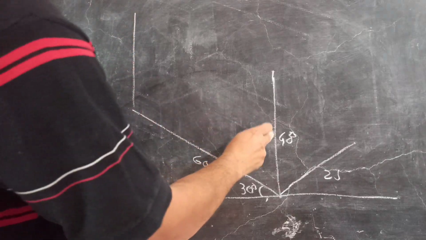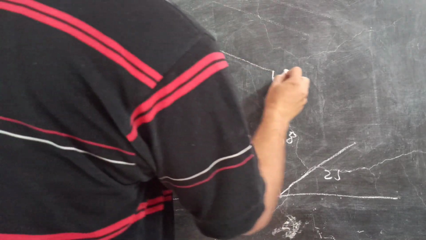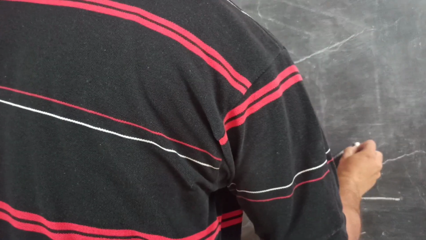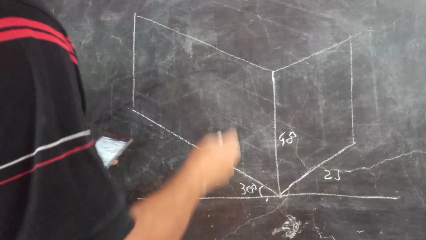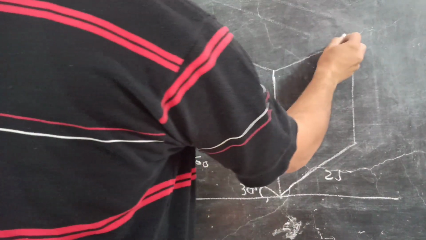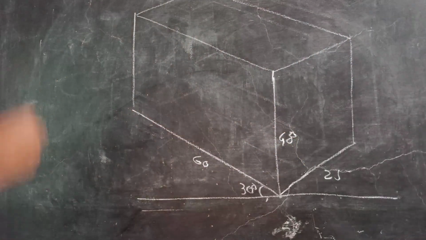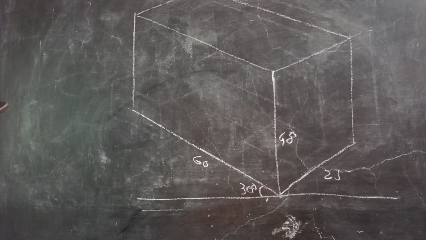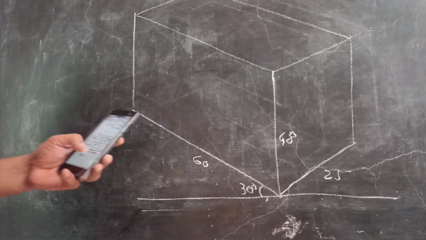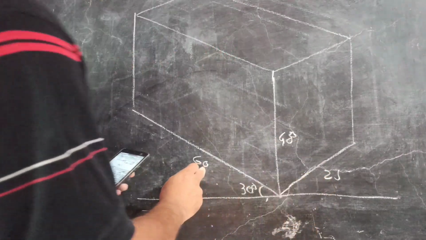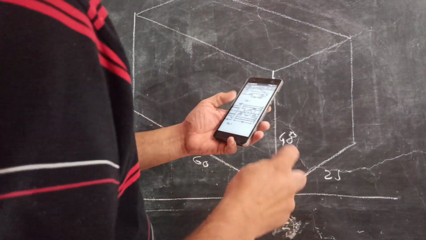This line must be parallel to this. So you can draw this box. You can see 48, 25 and 60. Let us start from the front.